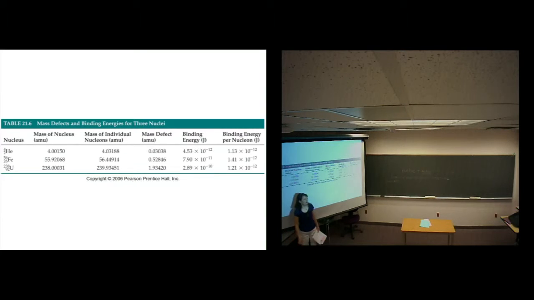Okay, so we will be given the mass of the protons and we will be given the mass of the neutrons. It's up to us to figure out what is the mass of the nucleons. All right, so the mass of the nucleons.